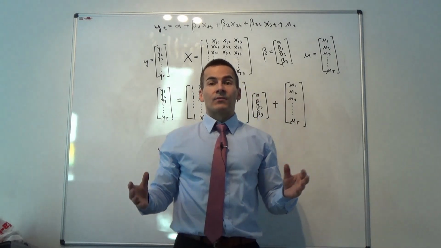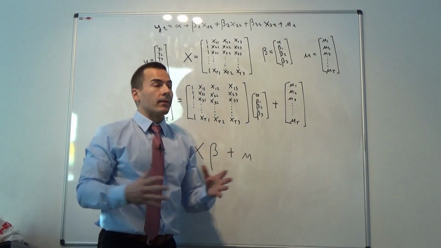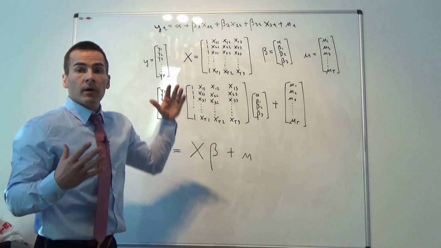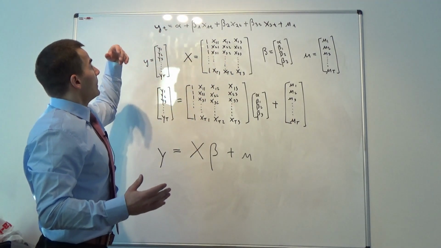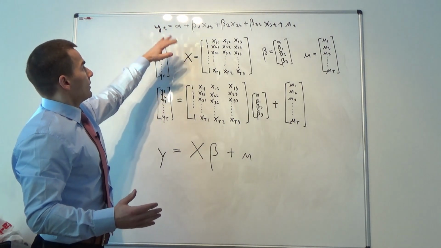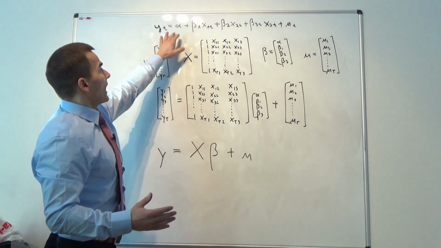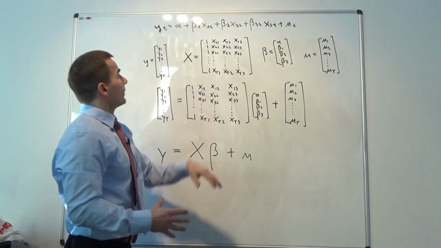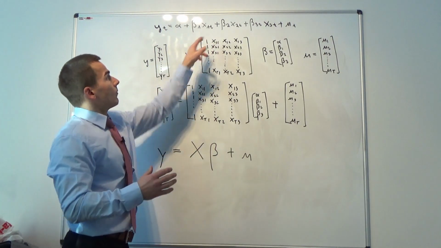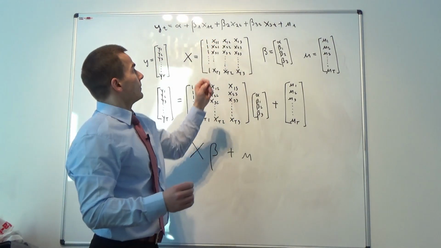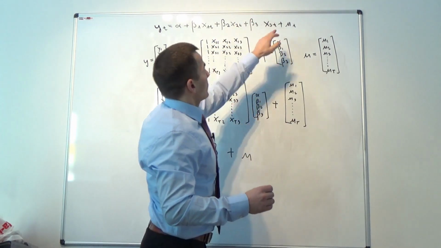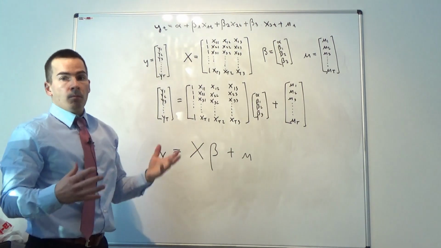Let us now talk about our notation. Again, we consider this single equation model, where our dependent variable y_t is equal to alpha, which is our constant term, plus beta 1 times x1t, plus beta 2 times x2t, plus beta 3 times x3t, plus our random component u_t.